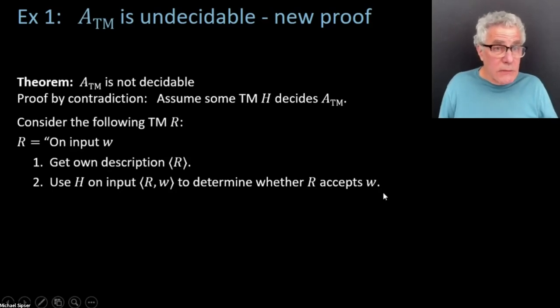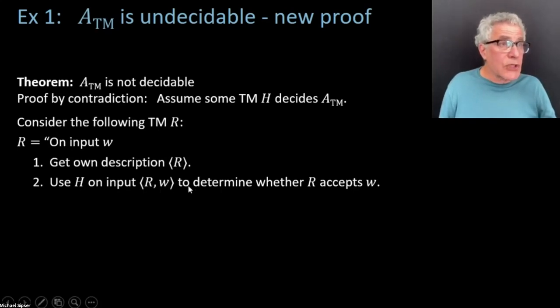That's what H does. Solving ATM, H will tell this machine whether R accepts W. R is the machine we're writing, however. That is the machine that's currently running.